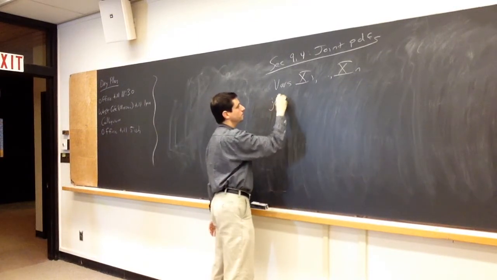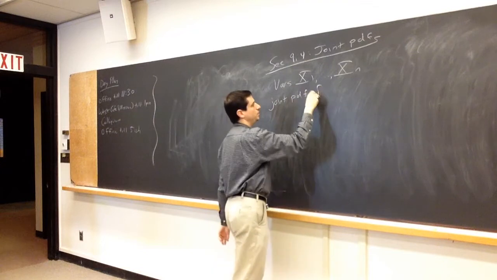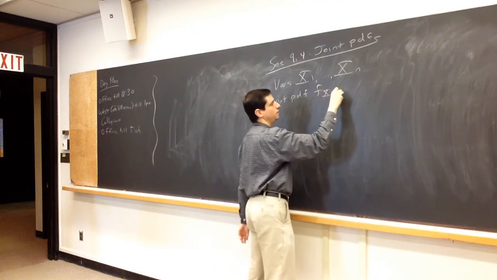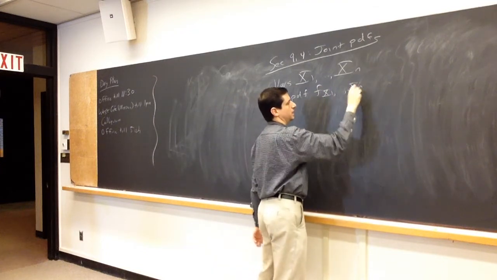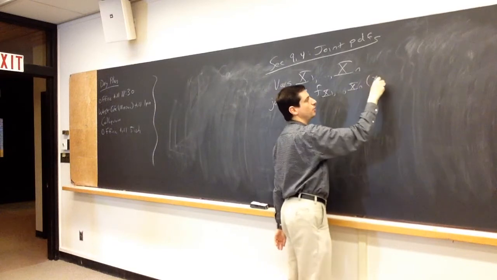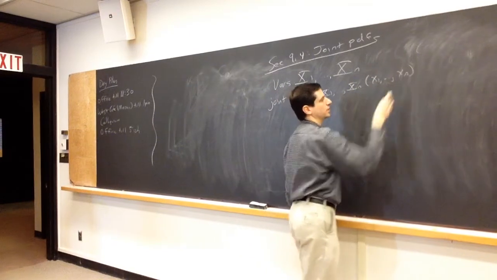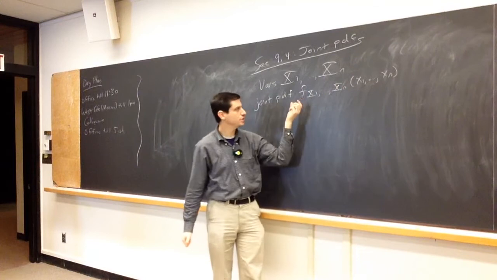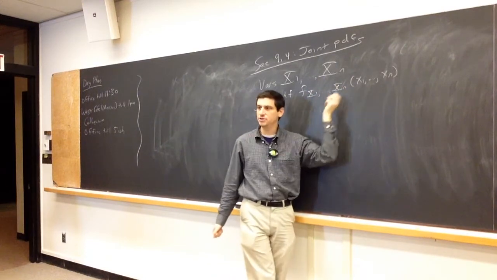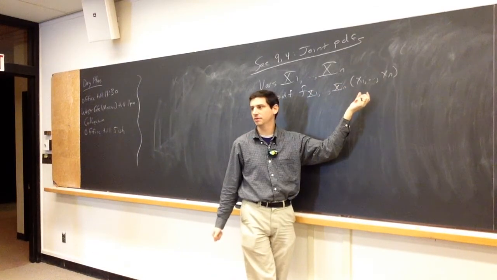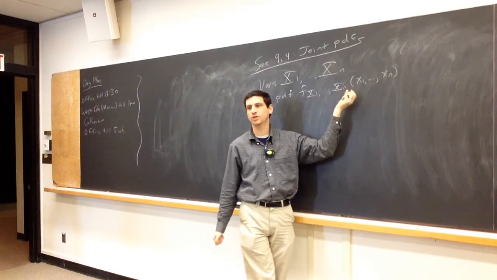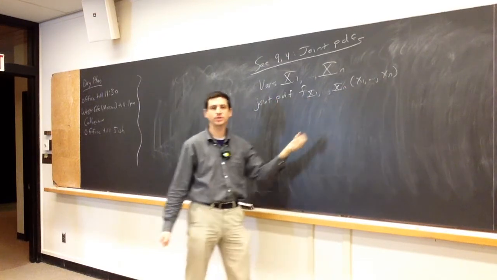The joint PDF will be f of X1 through Xn, and you'll evaluate it at a point little x1 through little xn. What's nice about this notation is you can quickly glance down and see what's playing in the game. This is going to involve the variables X1 through Xn. So the question is, how do we define it?